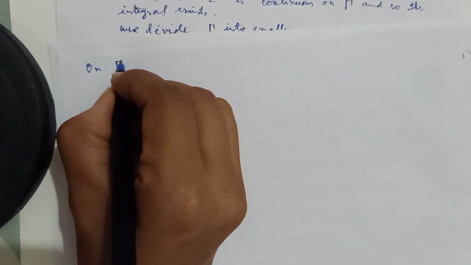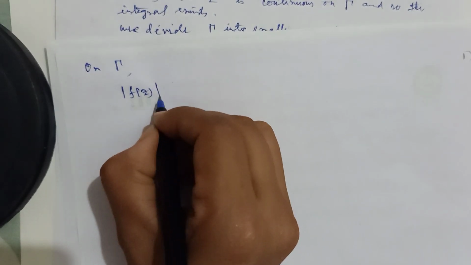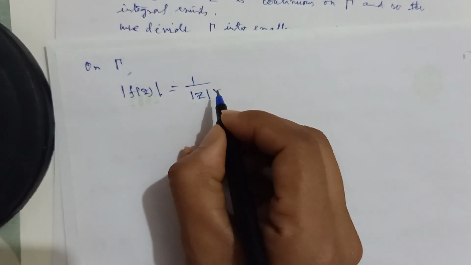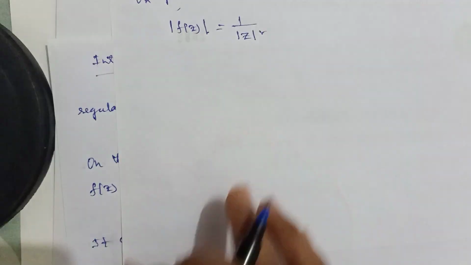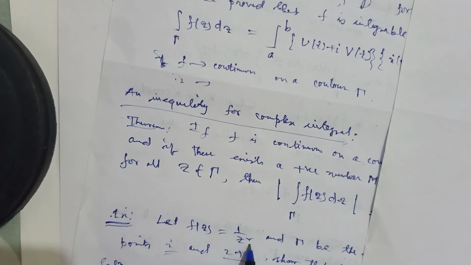So on gamma, mod of f(z) equals 1 by mod z square, because f(z) equals 1 by z square.